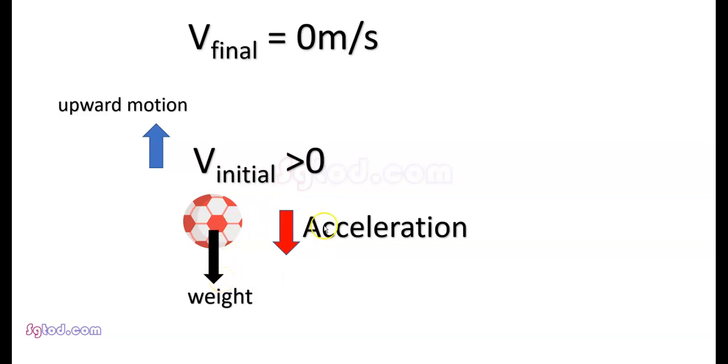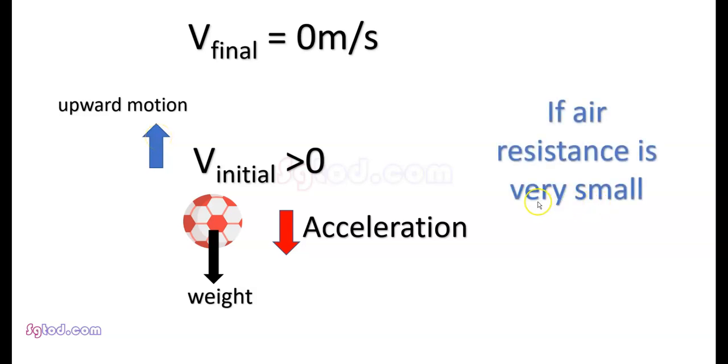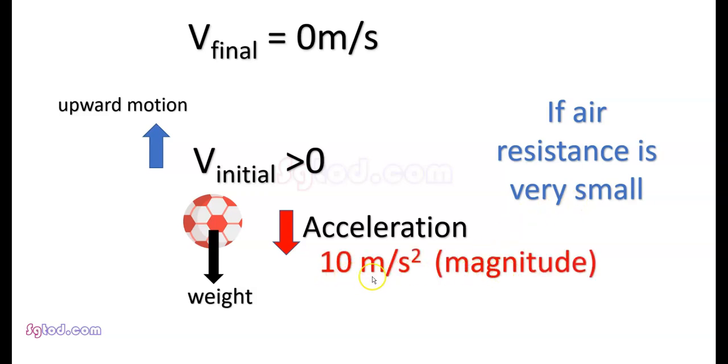Its acceleration, that is a result of the force of gravity, has a downward direction even though it is traveling upwards. If the air resistance is very small, the magnitude of the acceleration is 10 meters per square second because this acceleration is due to only one force, the force of gravity or its weight.